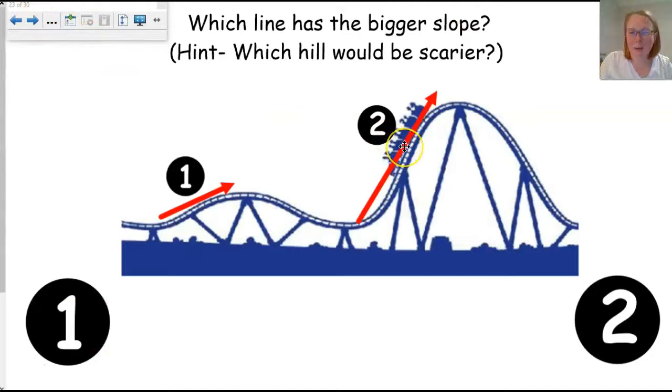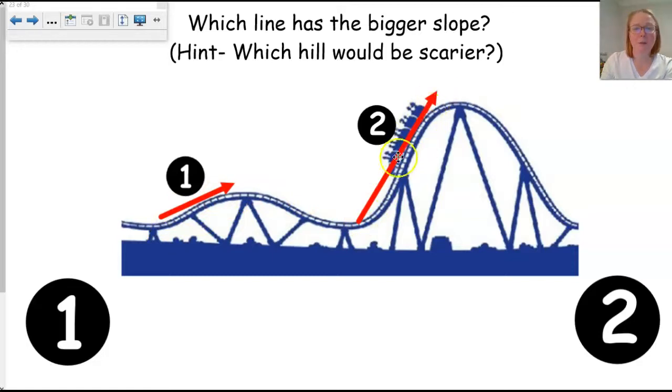Now, I've got a question for you. We're going to compare two hills, all right? I see the first hill right here, and I see a second hill right here. Which line has the bigger slope? Remember, we're looking for big, and I'm going to give you a hint. Which hill would be scarier if you were on the roller coaster? Would number one be the scarier or bigger slope?